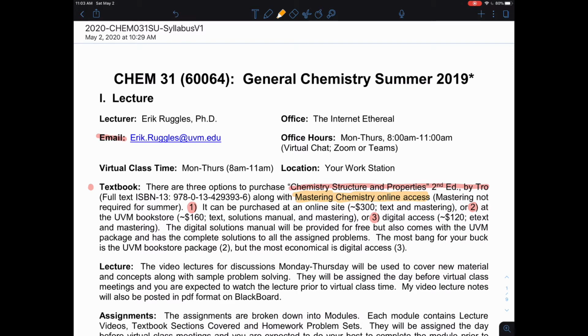If you prefer the textbook version, maybe the UVM bookstore is a better idea. If you're really into e-text and online and everything like that, I would go with the digital access, with the e-text and Mastering through Pearson. But that's the main important part. We need both of those things, the text and Mastering Chemistry.